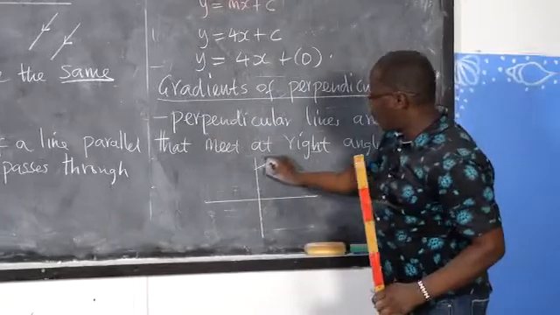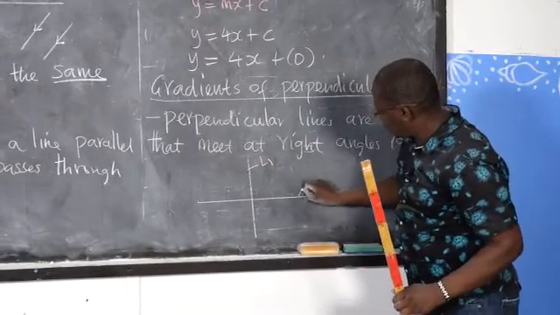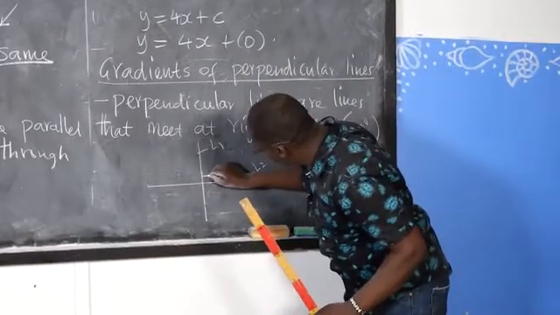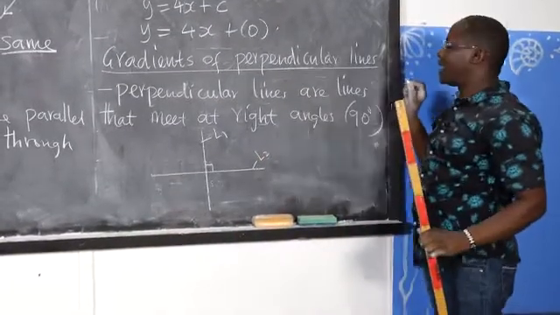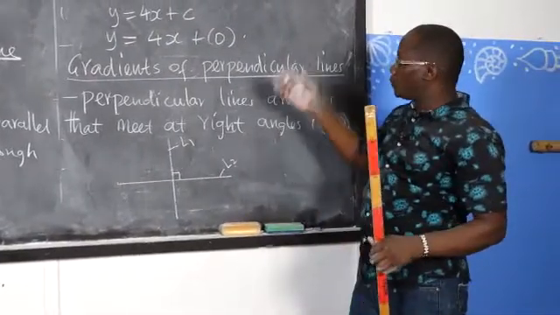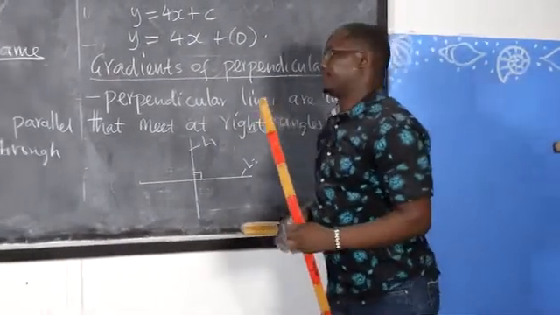If we have line 1 and line 2, they meet at 90 degrees. That is very, very important. When we talk about perpendicular lines, they are lines which meet at 90 degrees. From here, we also want to see what we know about their gradients.